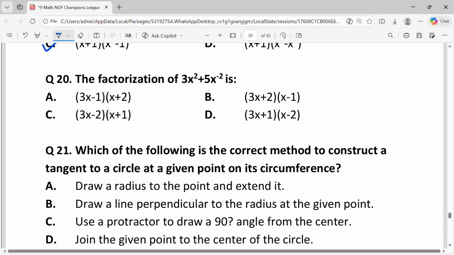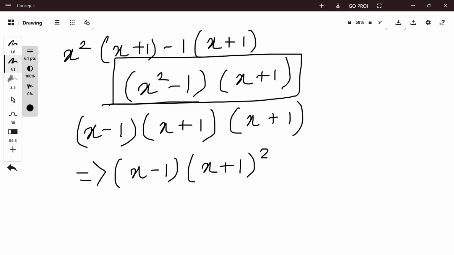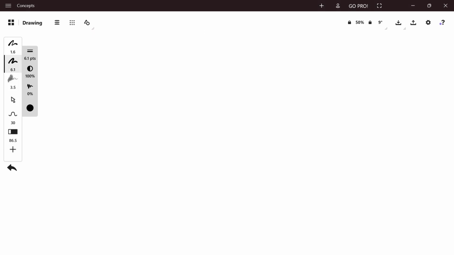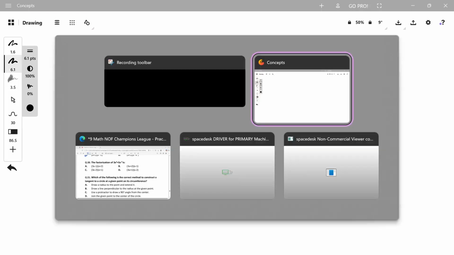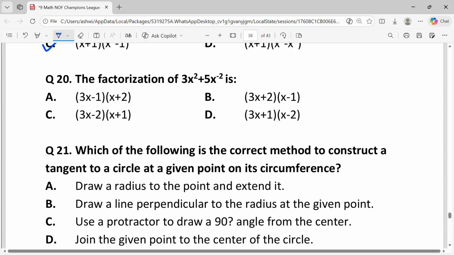Question 20. The factorization of 3x square plus 5x minus 2 is... this is 3x square plus 5x minus 2.